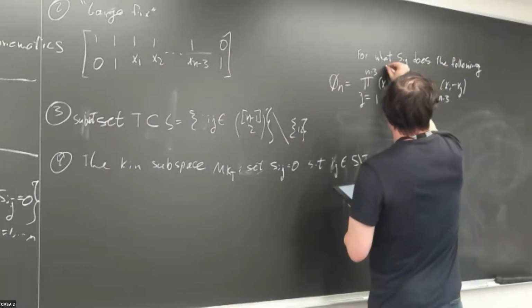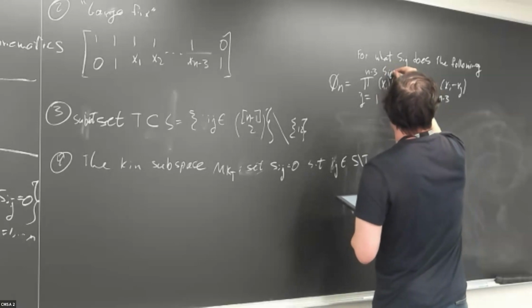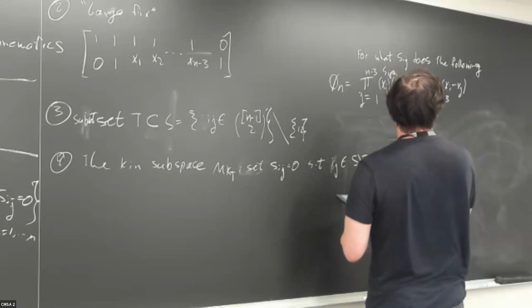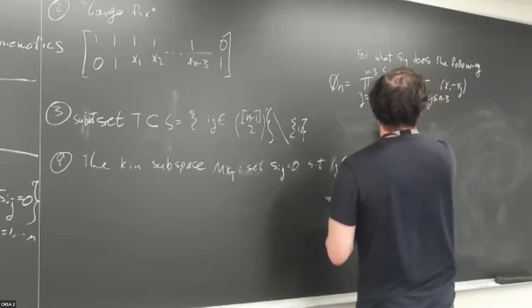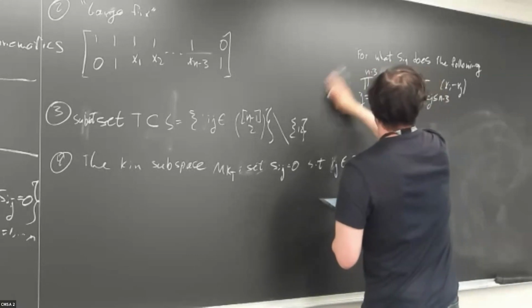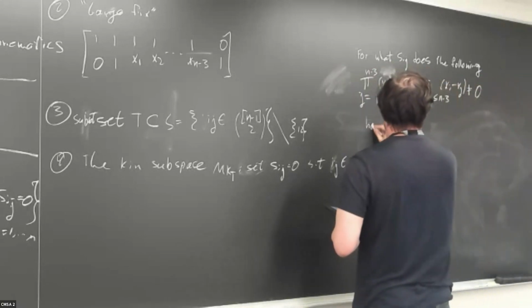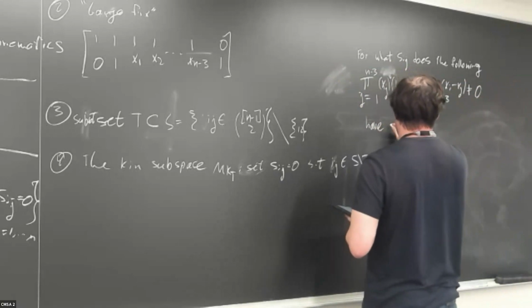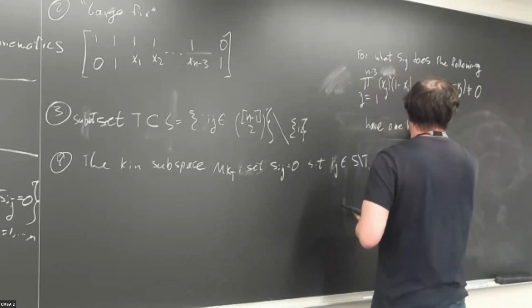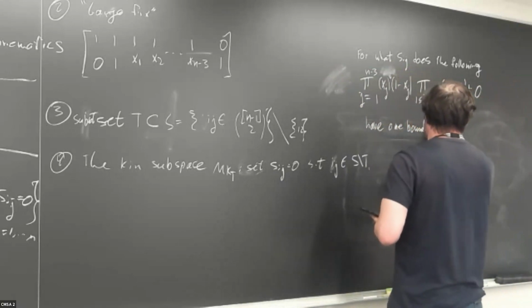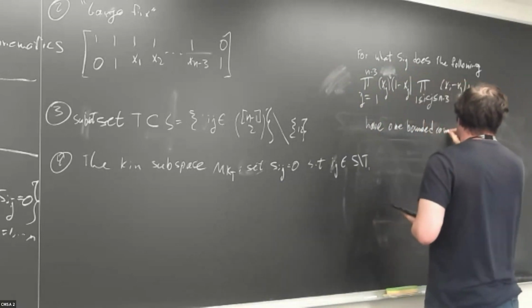Here we have S1j plus 2. Maybe let me put it like this first: does not equal 0, have, so the hyperplane complement has one bounded component.